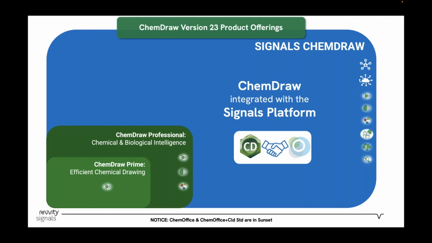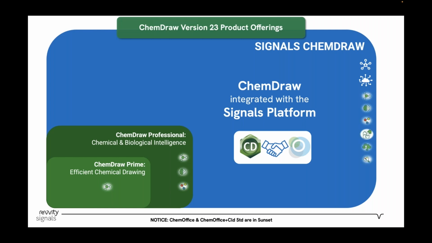And then finally, we have Signals ChemDraw. So Signals ChemDraw is, simply put, ChemDraw that is integrated within the Signals platform. This new offering is going to deliver all of the capabilities of ChemDraw Prime and Professional, plus more. In addition to ChemDraw Desktop, we also have the new cloud native applications that will be delivered within that Signals research platform.